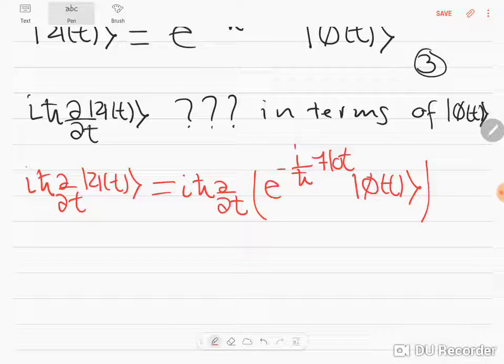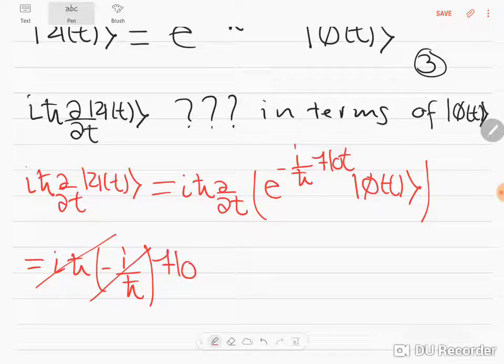Okay, and what we have is the following. We have i h bar times minus i over h bar, you can see that this goes to 1, times the Hamiltonian H0, times e to the minus i over h bar H0 t times the state phi of t.